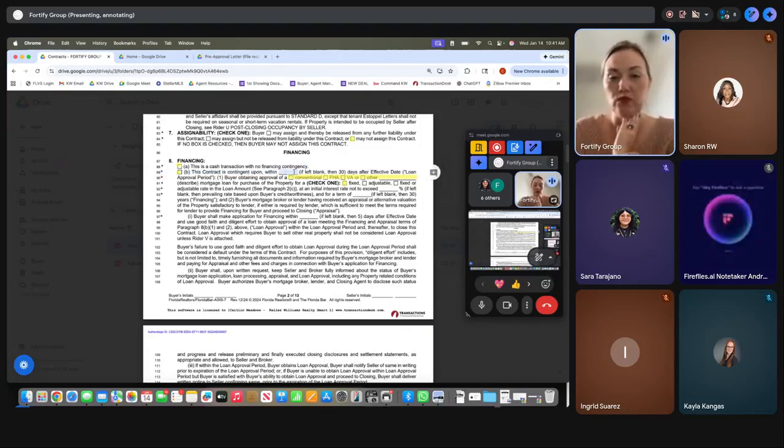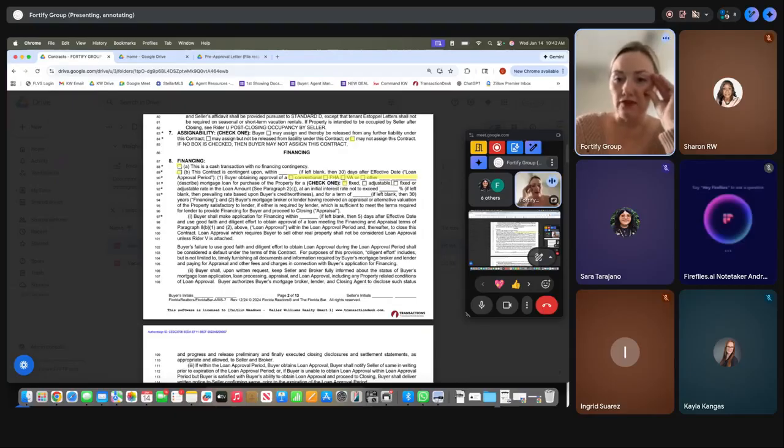Standard, typical deal, 30 days is plenty of time, and you're not going to be negotiating that element of it. If you do, give me a call and we can make sure that we're protecting your buyer. And then the only other thing in this section that we don't let just default is the loan type, fixed or adjustable.